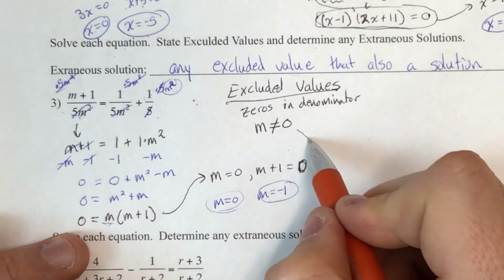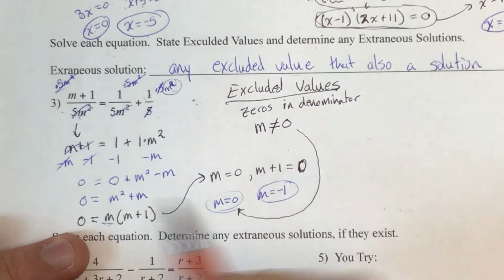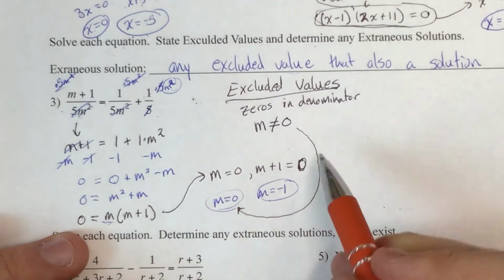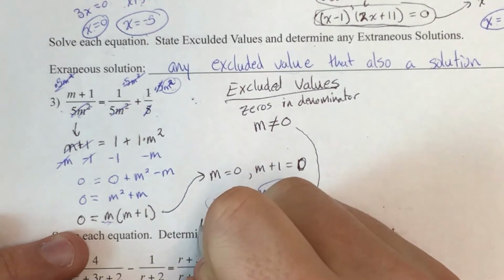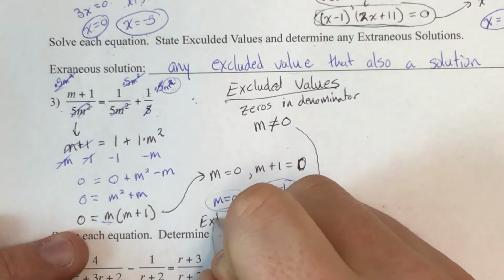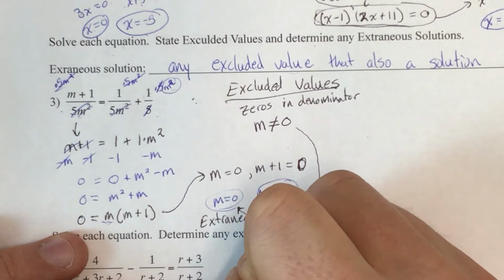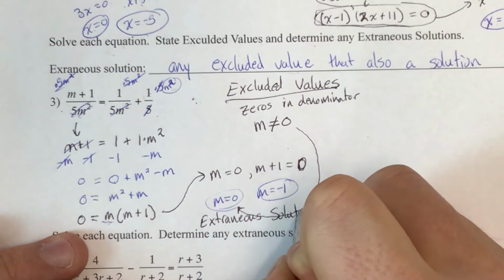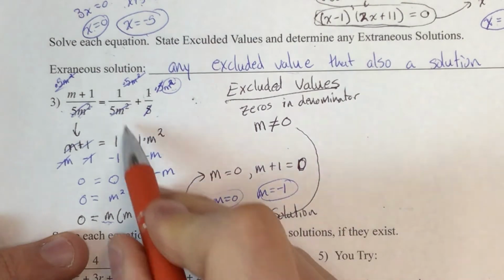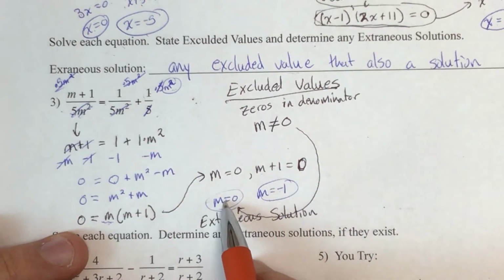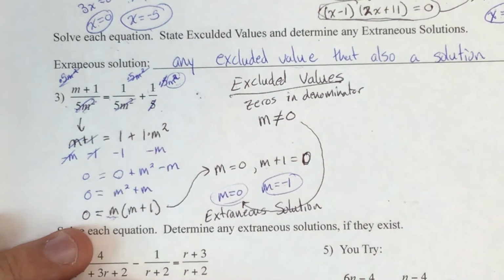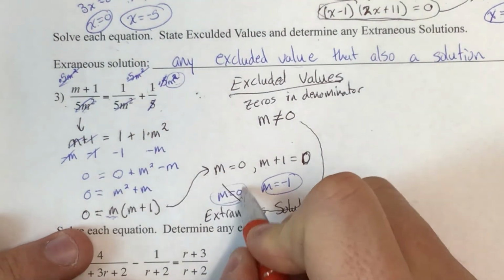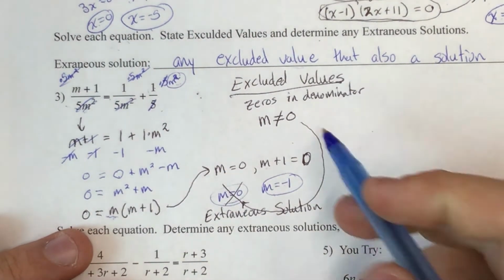Now if I interpret that back through to the solution, we also have m equals 0 as a solution. So really this is what we're going to call an extraneous solution. So even though algebraically it solves out to be a solution, it is part of the excluded values that would make the denominator 0, and so we can't have this as a solution.